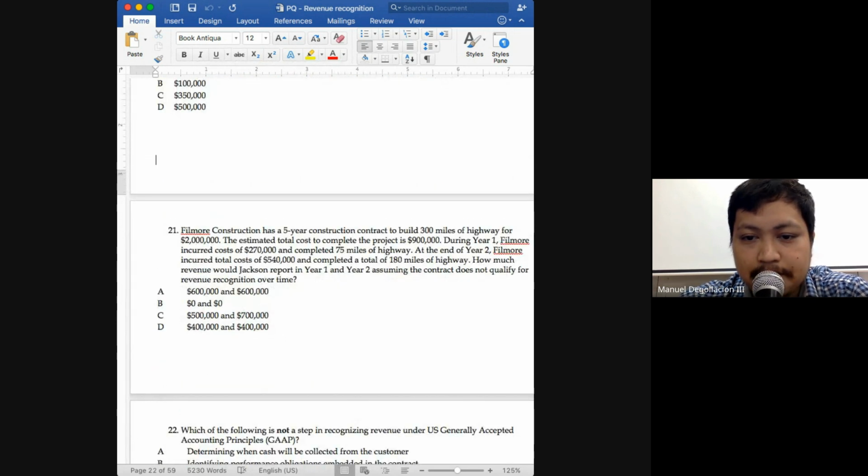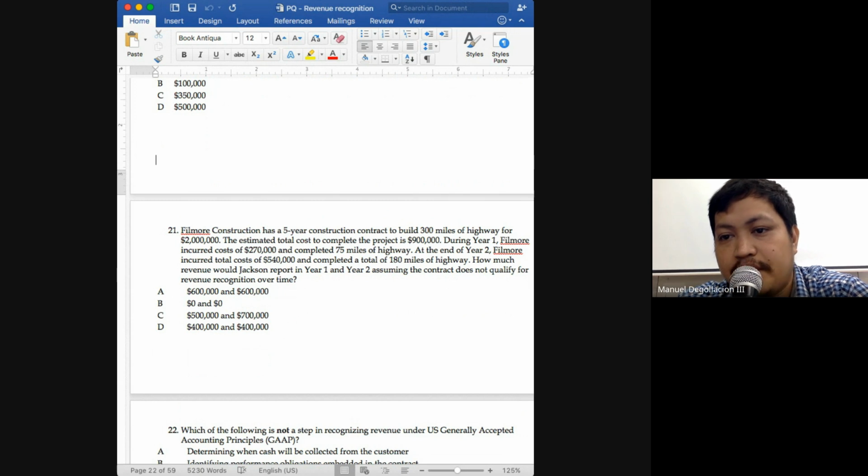Number 21. Fillmore Construction has a 5-year construction contract to build 300 miles of highway for $2 million. The estimated total cost to complete the project is 900,000. At the end of year 2, the estimated total cost to complete is 900.